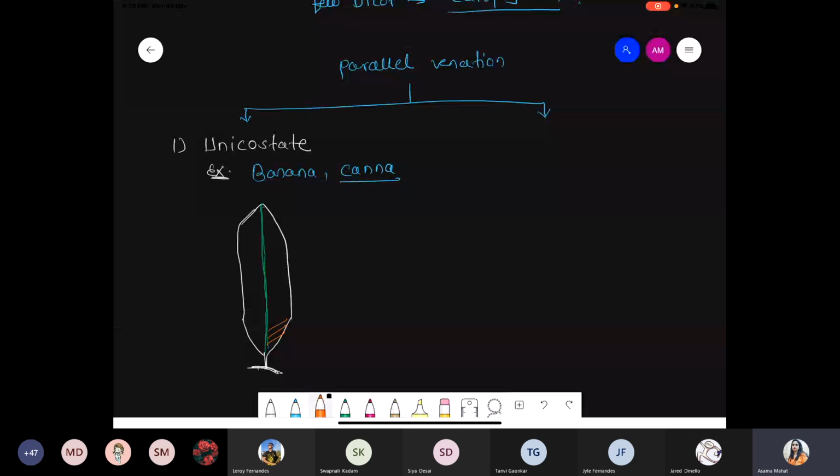There is no network, there is no reticulate venation, no complex structure will be present. They are formed as a very simple and straight structure like this. That's what is called parallel venation.